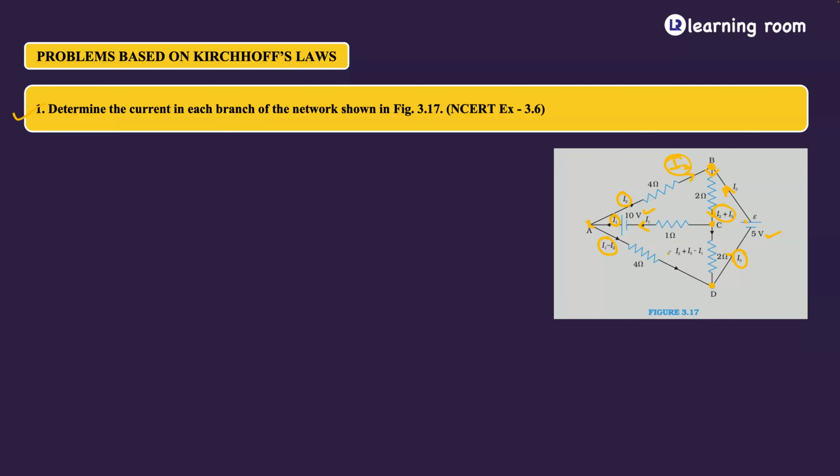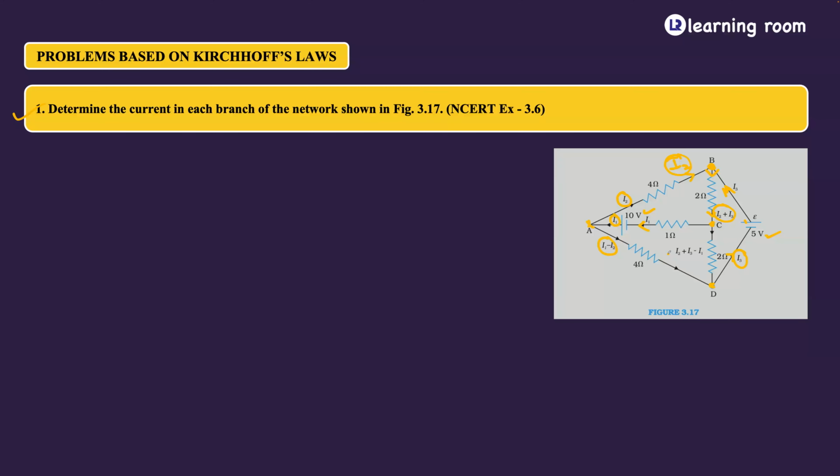So I2 plus I3 minus I1 is the one flowing towards D. Now if you add everywhere, it will be the same current. For example, at point D, how much is the current entering? I1 minus I2 and I2 plus I3 minus I1. Add these two.